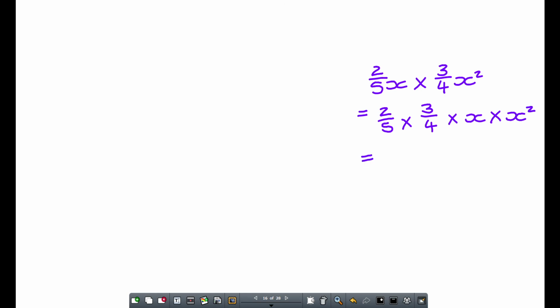And then they say this first part, 2 times 3 gives me 6, 5 times 4 gives me 20, and x times x squared, x to the power of 3. And that simplified will give you 3 over 10, x to the power of 3. You could use that method, or you can use whichever one you're more comfortable with.